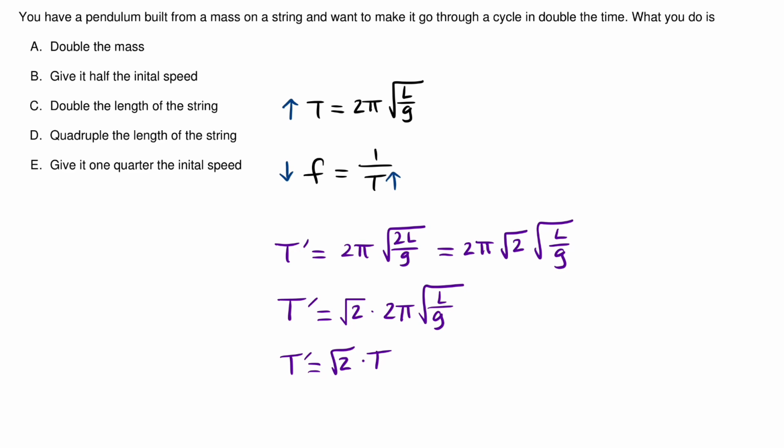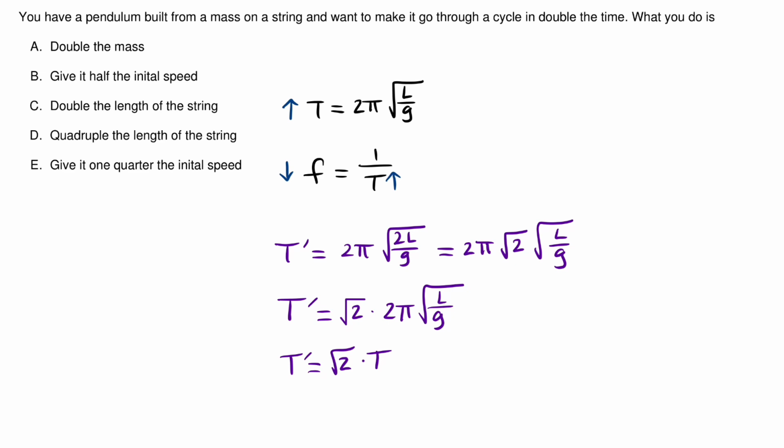Therefore, we need to put a number here that when we do this mathematical process of rewriting this equation, we end up with something that would be equal to 2. And I think you can see it would be 4, right? Because if we quadruple the length of the string, then we would have a 4 here, and we know that the square root of 4 is 2.